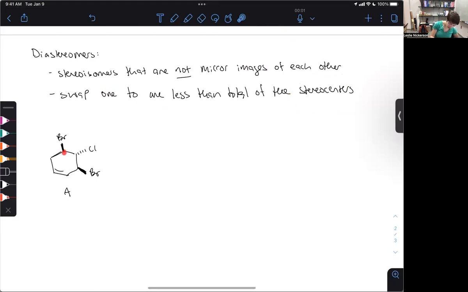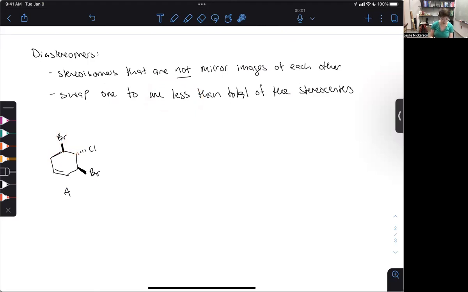For example, this carbon has an H, a bromine, a carbon with a chlorine on it, and a CH2. That's four different things. So these three carbons are all stereocenters. What I can switch here to make diastereomers is one, or up to one less than the total. If I switch all of them, then I'm drawing an enantiomer. So I have to keep it to one fewer than the total number of stereocenters, okay?